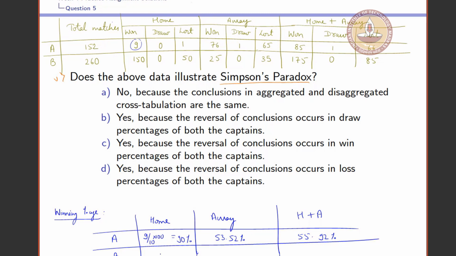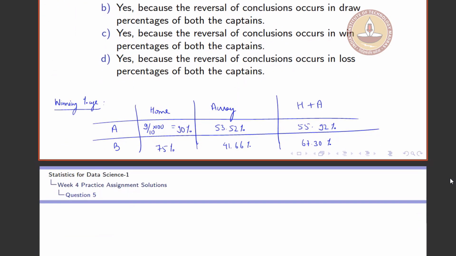For Captain B, the winning percentage in home ODI cricket is 75%. In away ODI cricket, it's 41.66%, and in home plus away ODI cricket, the winning percentage for Captain B is 63.70%. Let's see the draw percentage.